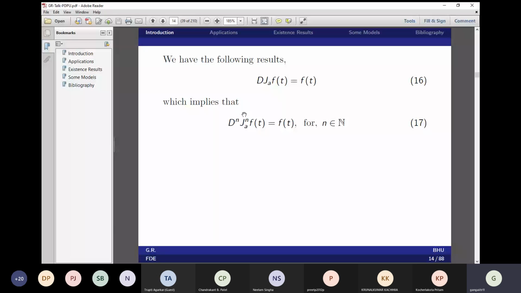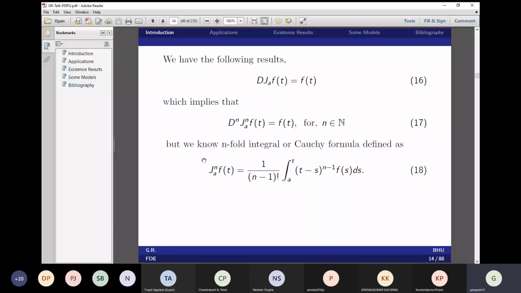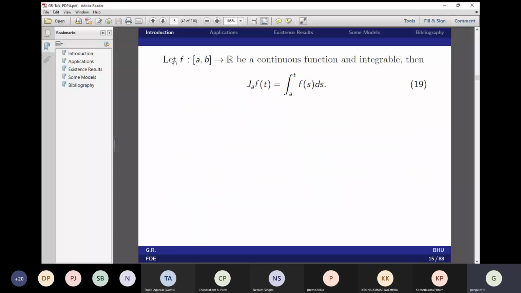but we know from the n-fold integral, the Cauchy integral formula from complex analysis, that the n-fold integral can be represented by this formula: 1 over (n minus 1) factorial times the integral from a to t of (t minus s) to the power n minus 1 times f(s) ds. We can derive this formula by taking the function as continuous and integrable.